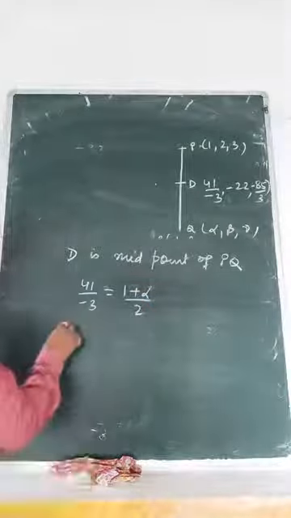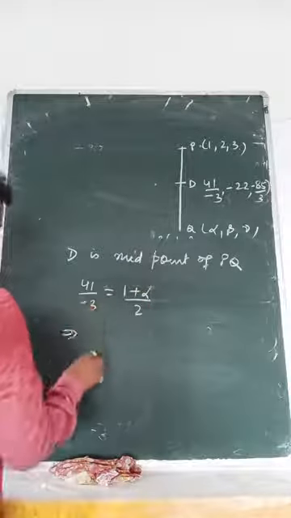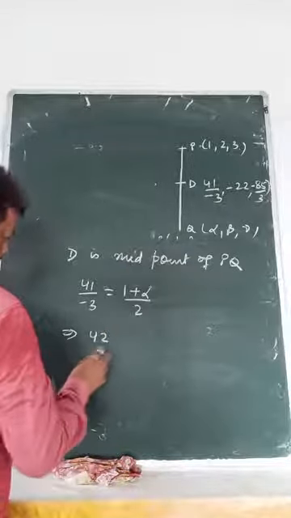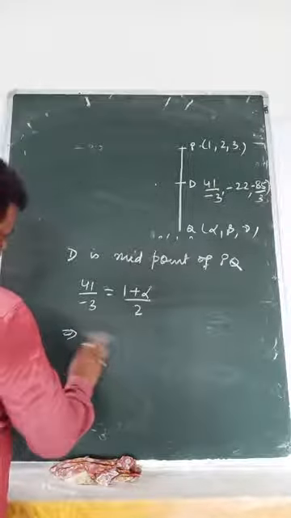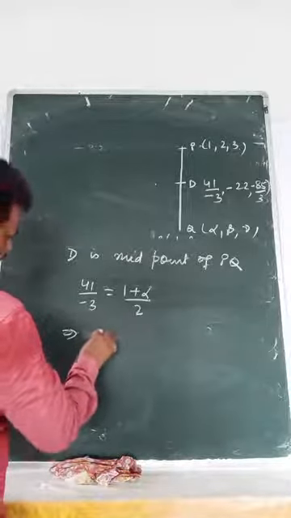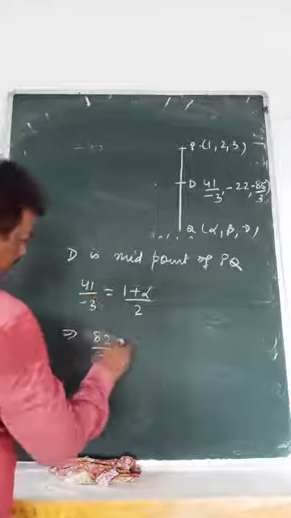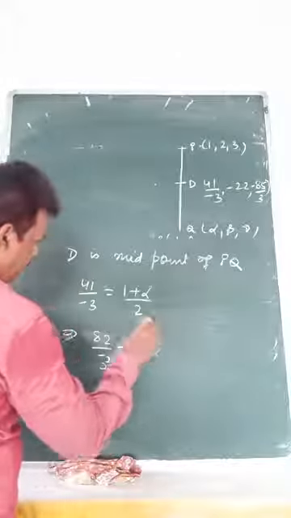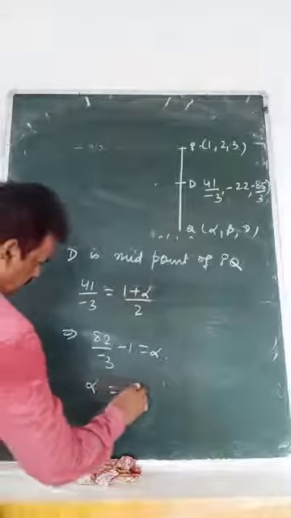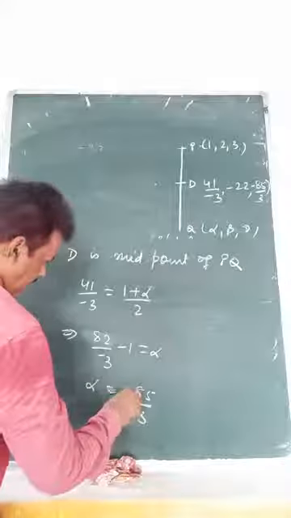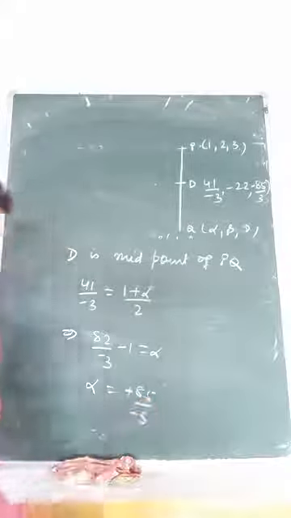So that will give you how much? 41 into 2 is minus 82 by 3. Then 1 will come this side, minus 1 is equal to alpha. So alpha equals minus 85 by 3.